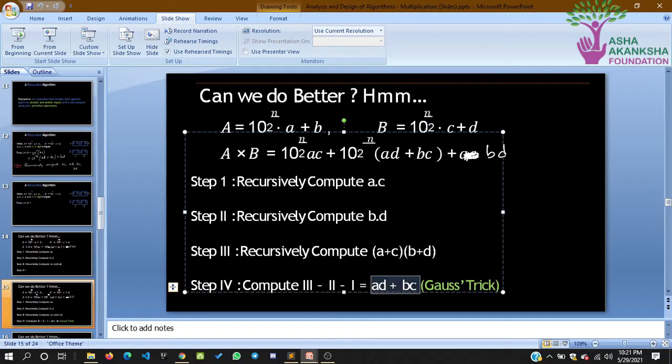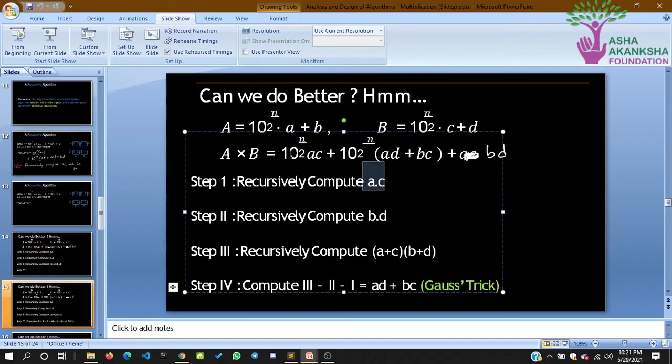So you will be getting this thing, which is obtained after Gauss's trick, and then you can follow the technique given in the first Karatsuba version to calculate A into B. Why? Because you have got AC, BD, and AD plus BC.